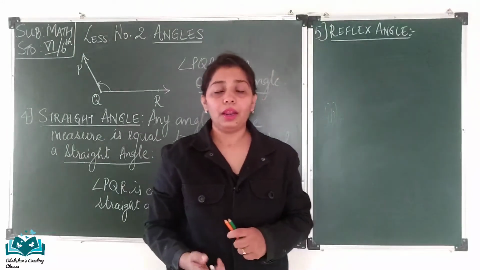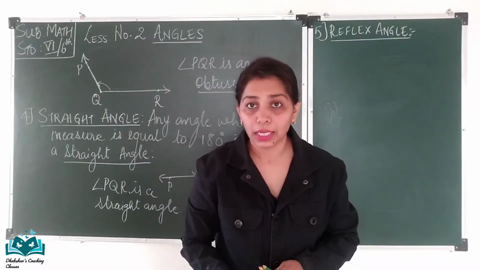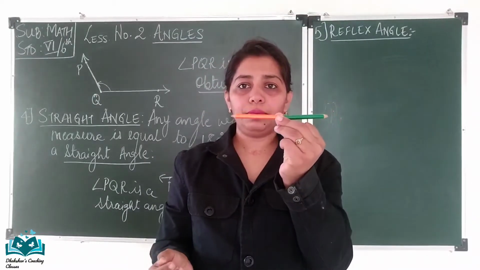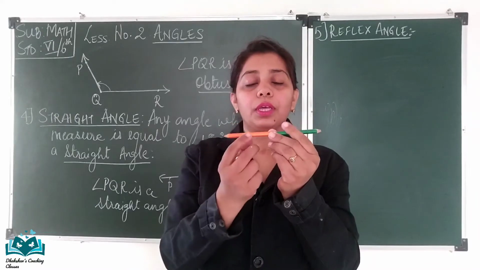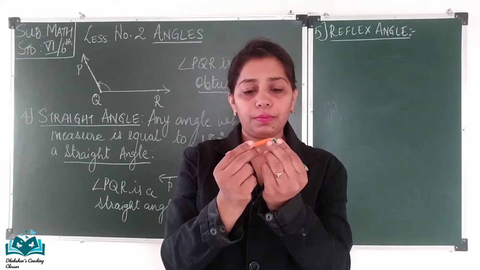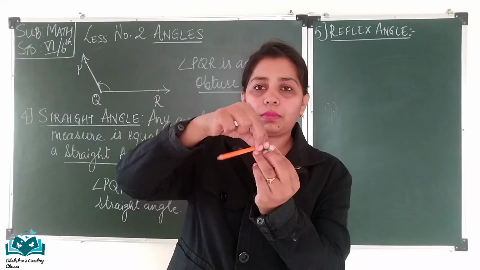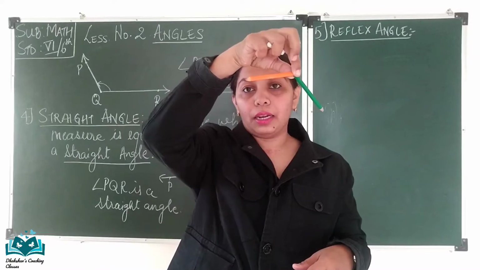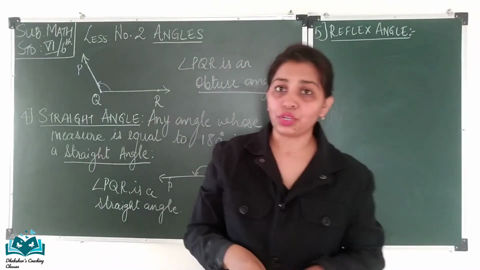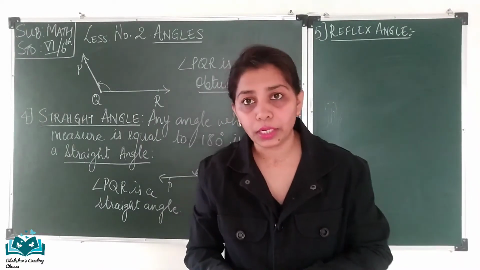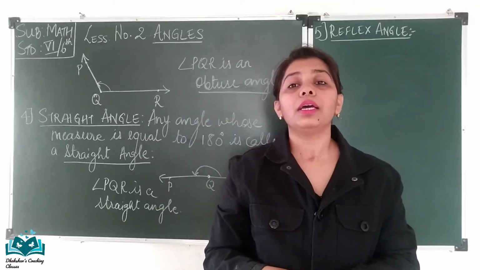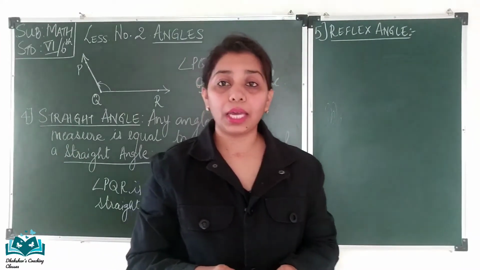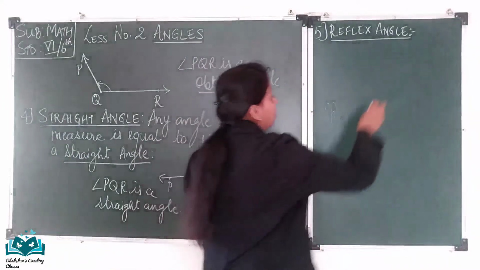After the straight angle comes your reflex angle. So, this was your straight angle, a straight line. I extend this angle further. This is your reflex angle. So, any angle whose measure is greater than 180 but less than 360 is called your reflex angle. Let us quickly define.